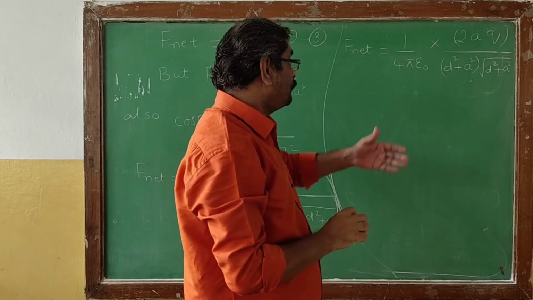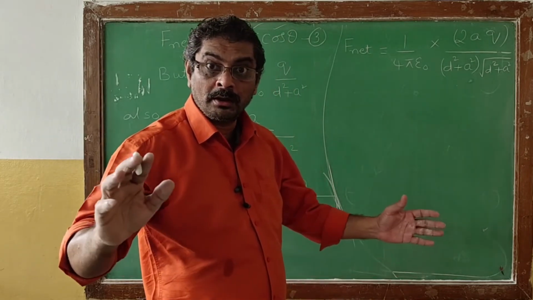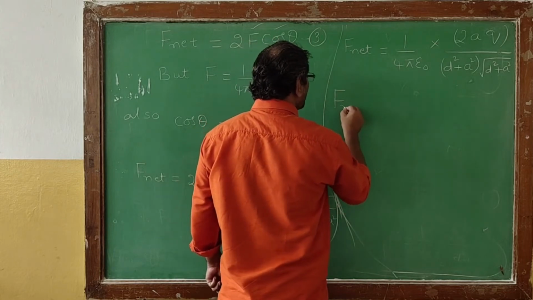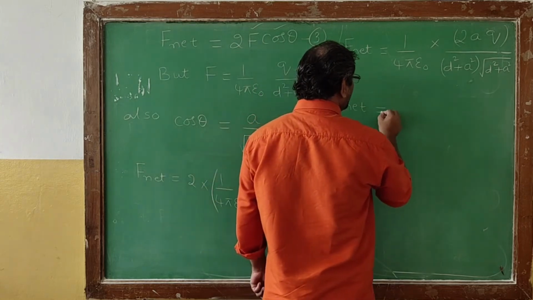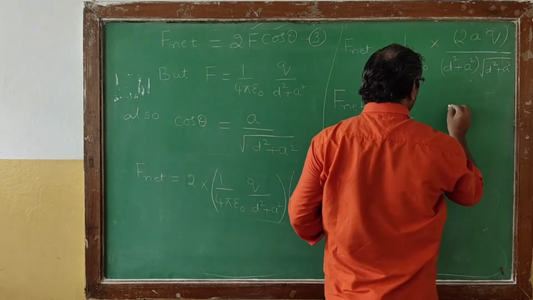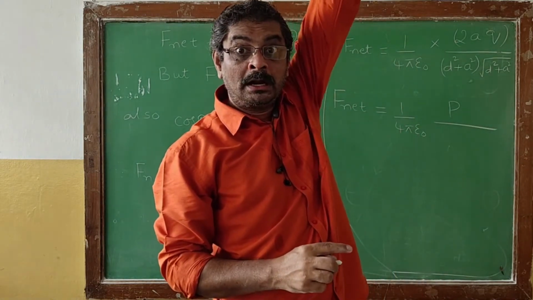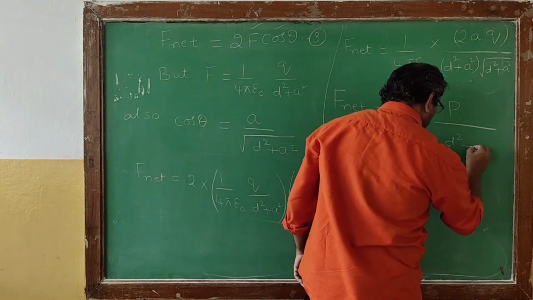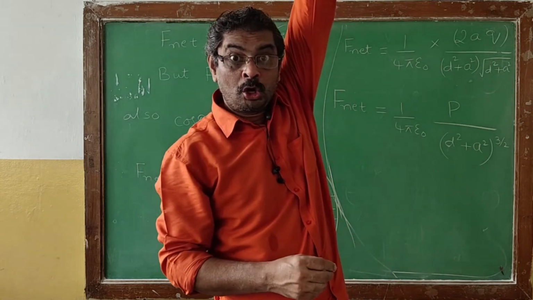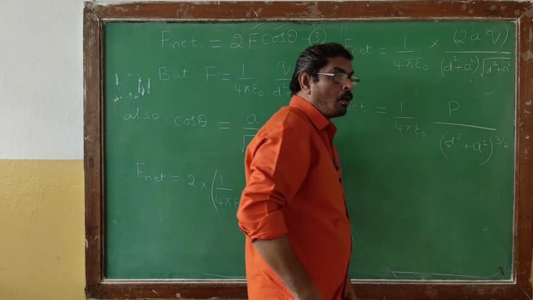Now if I substitute, F net will be numerically equal to 1 by 4 pi epsilon naught multiplied by 2aQ, which becomes P, divided by the denominator, which becomes d square plus a square, whole power 3 by 2.